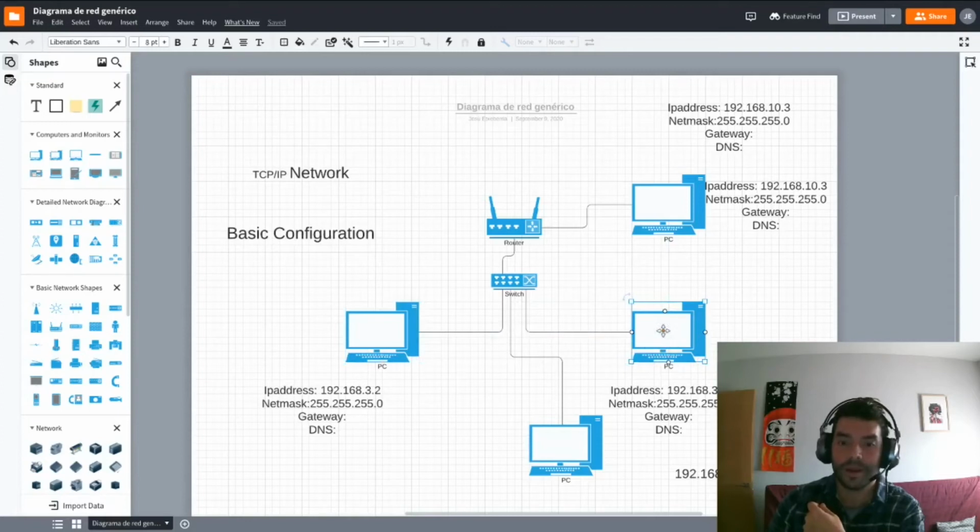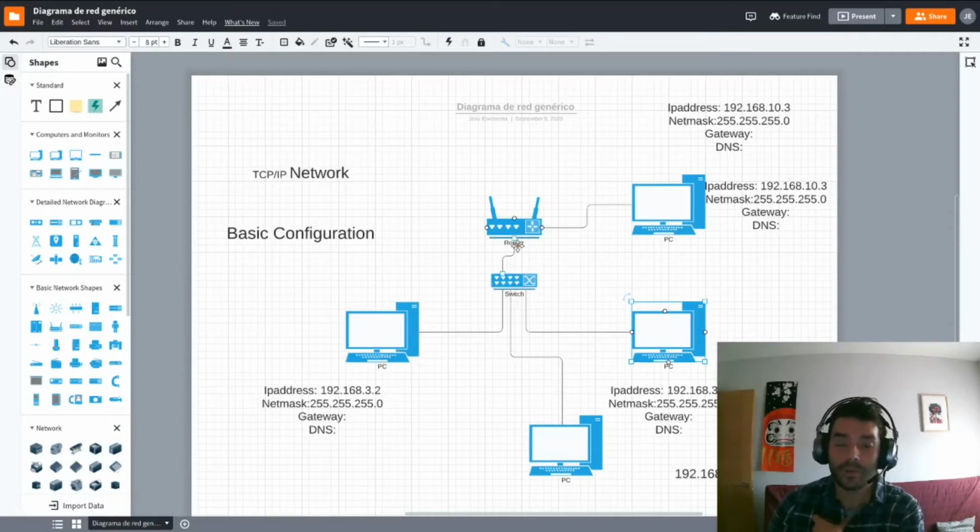Okay? But if it doesn't know where to find a computer, maybe when you want to go to the internet or to another network, you have to say, well, go here, and this address will tell you where to go. Okay, so this is usually a router and it's called gateway.